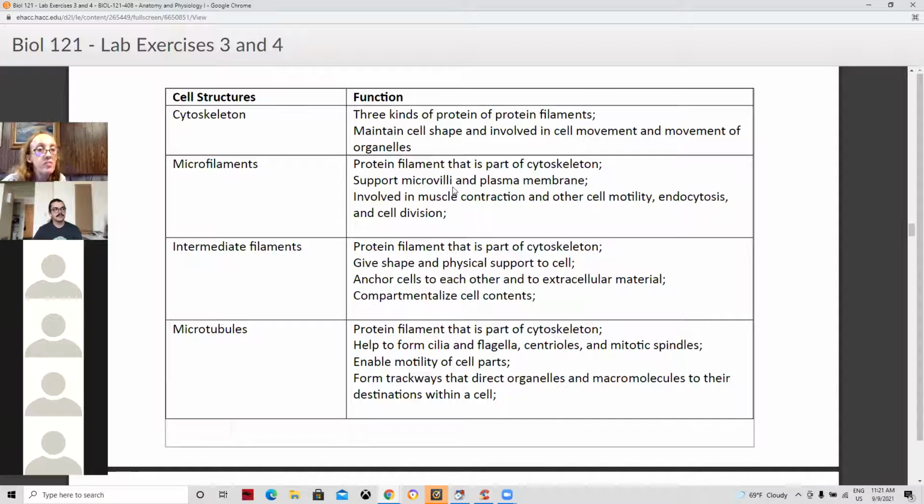So these different filaments have sometimes overlapping roles. If you look there, you'll see that almost all of these, the microfilaments and microtubules are both involved in movement of organelles and cell parts.